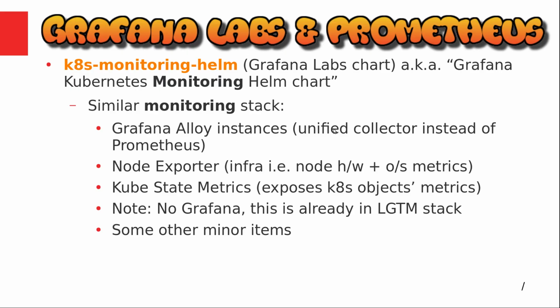This is kind of similar, if you remember, to the Elastic Agent, which was a unified collector for scraping metrics, traces, and logs. So Grafana Alloy is Grafana's own unified collector, and you can use this instead of Prometheus in order to scrape. Now, it also comes with Node Exporter. We mentioned that already. It comes with kube state metrics built in. We mentioned that already. Anyone can put these in their own Helm chart.